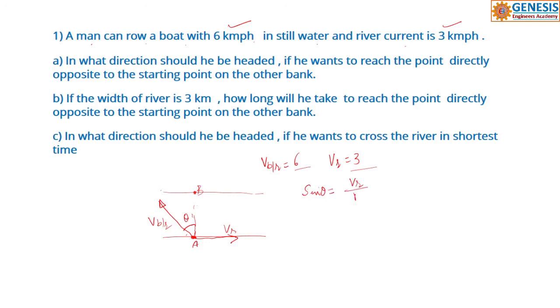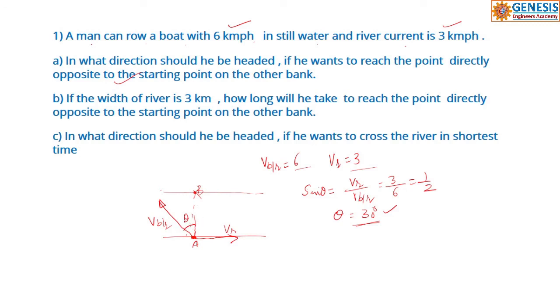Yes, I can use 3 by 6 is equal to half, so theta is 30 degrees. This is the first answer. So he must be headed at an angle of 30 degrees to the vertical so that he can reach this point. So theta equal to 0 is not possible if the river is flowing with a higher speed.